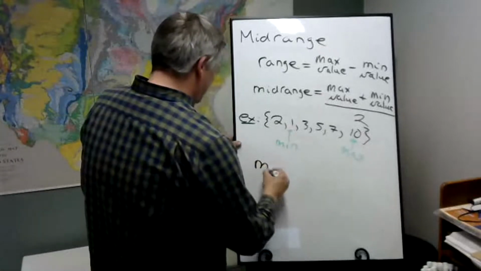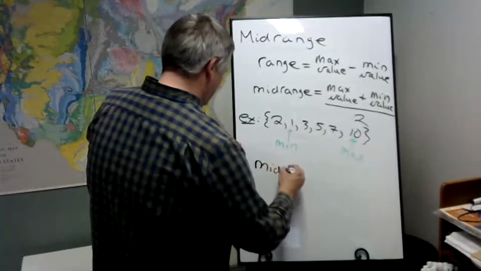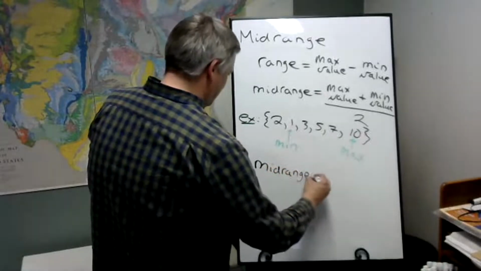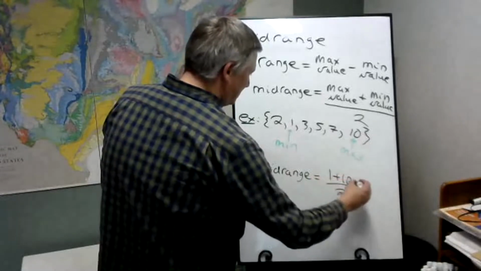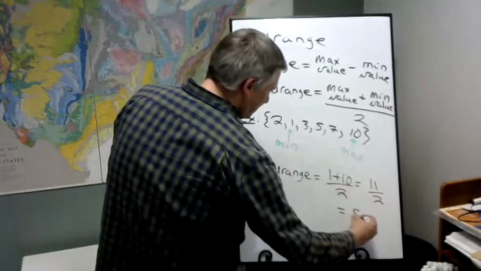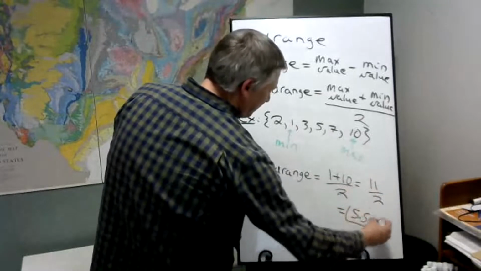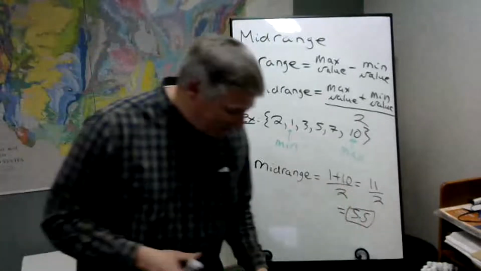So for the mid-range, it'll be 1 plus 10 divided by 2, or 11 divided by 2, or 5.5. And that's your mid-range.